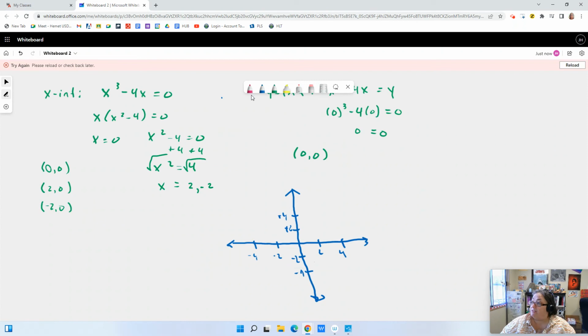If I was going to plot these points, we have our intercepts. We can easily plot them, right? What do I know? I have a point at 0, 0. I have a point at 2, 0. And I have a point at -2, 0. My y-intercept is 0, 0, so we've already plotted that point.